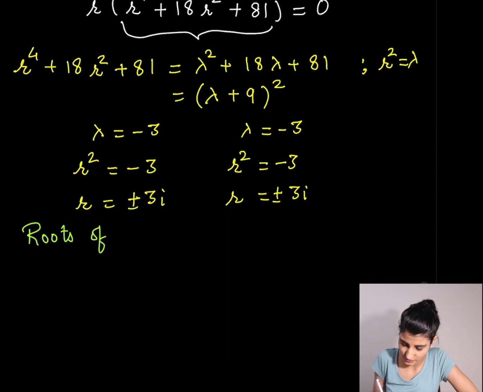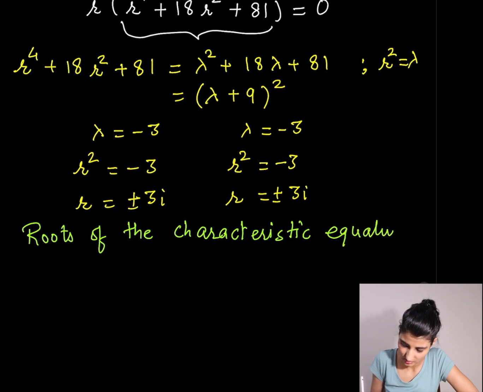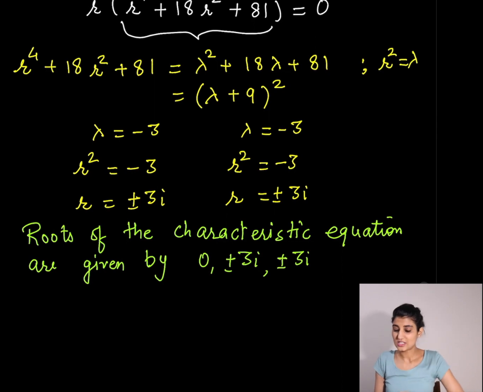Roots of the characteristic equation are given by 0, plus minus 3i, plus minus 3i. So these are 5 roots of the characteristic equation, okay?